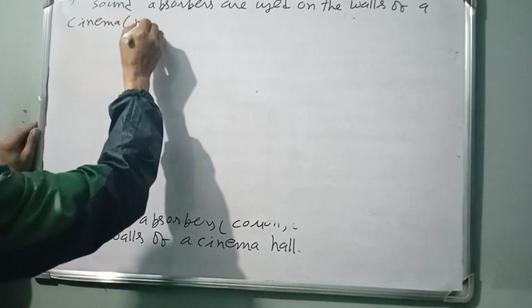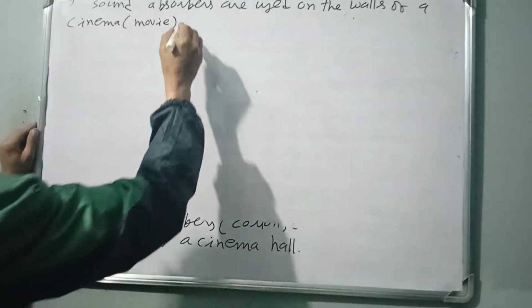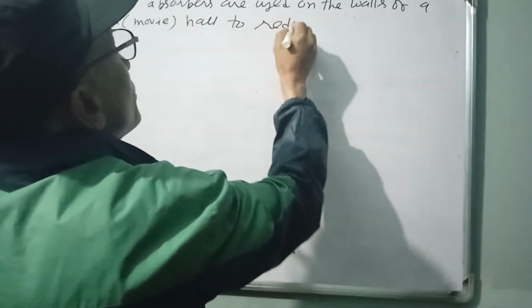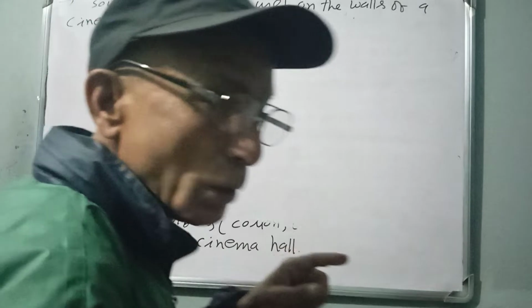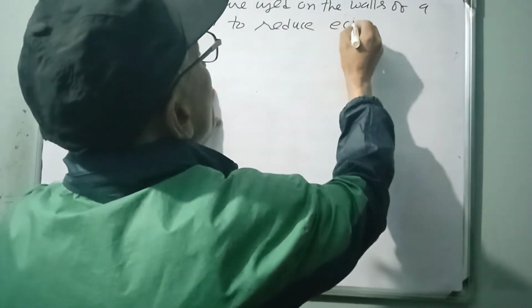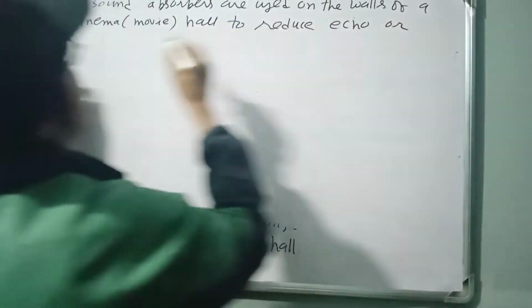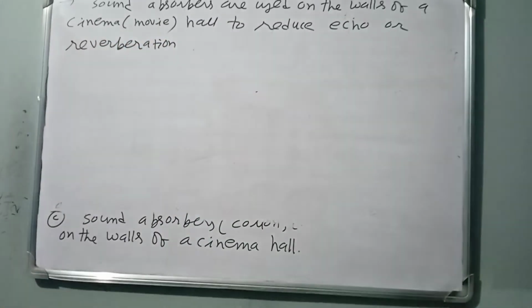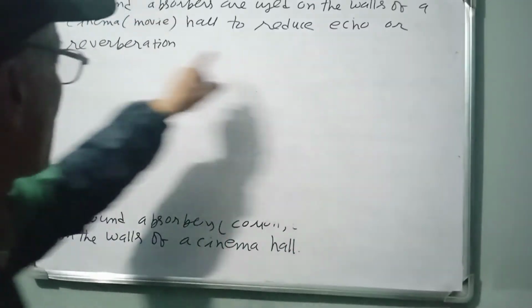Cinema hall, another equivalent word is movie hall. Why? To reduce echo or reverberation, both. Sometimes in a cinema hall echo is heard, but sometimes reverberation is also heard.